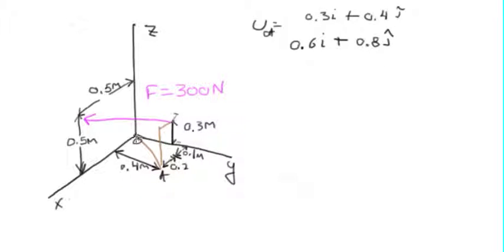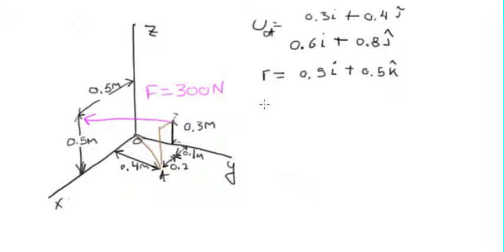The simplest is to take the origin of the hinge here and find the vector that points to this point on the force. So that vector, our R vector, is going to be equal to 0.5 in the I direction plus 0.5 in the K direction. That's up the Z axis.